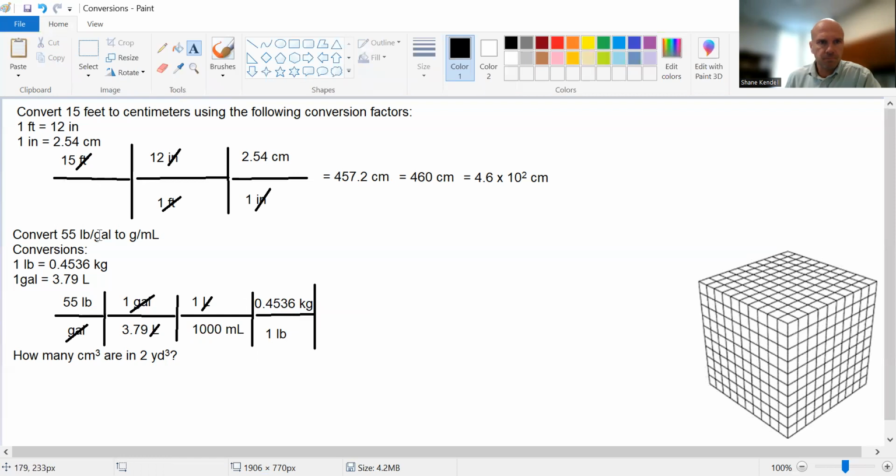Okay. And then we know that the answer's going to have grams rather than kilograms. So 1,000 grams is 1 kilogram.